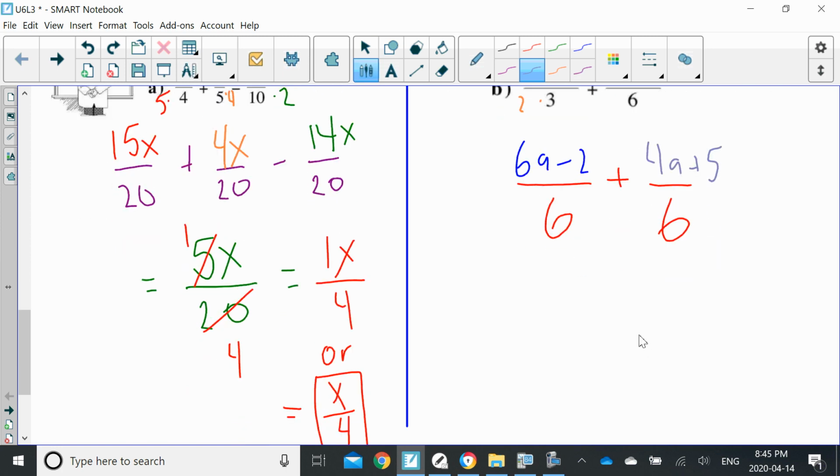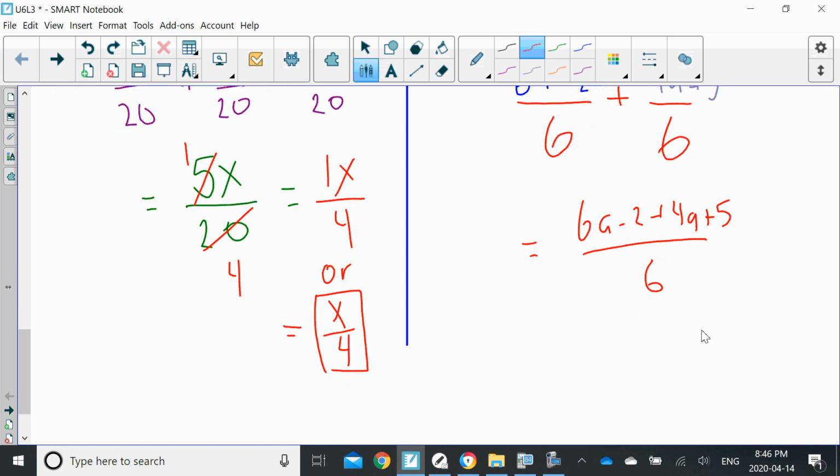Again, once you have common denominators, the majority of your work is done. You write those two denominators, and then you add or subtract the numerators. So in this case, it would be this numerator plus this numerator. So I'm going to write it like that: 6a minus 2 plus 4a plus 5. From here, we gather like terms.